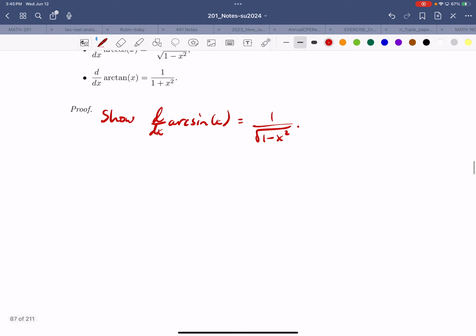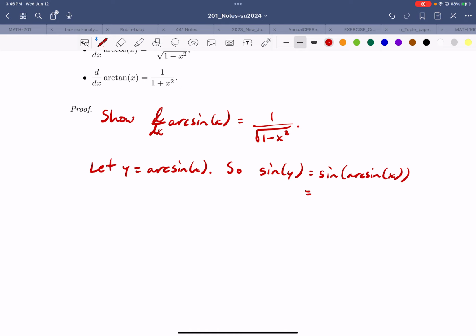Well, we don't know anything. We're going to consider y to be arc sine of x. We don't know anything about arc sine, we don't know its derivative, so that's not helping. However, we can apply sine to both sides, and we get sine of y equals sine of arc sine of x. And by definition, we know that that equals x. So sine of y equals x.